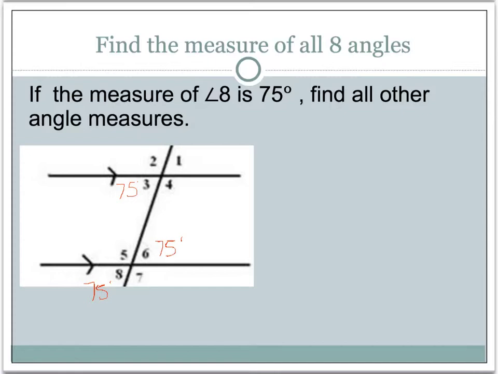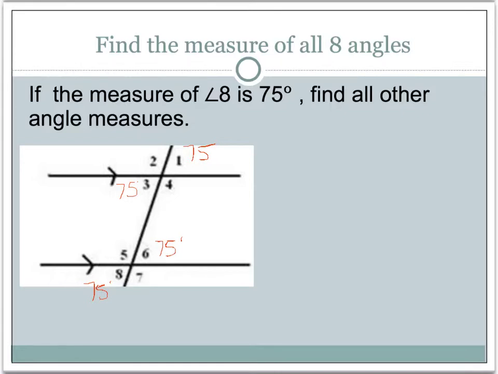Similarly, we'd be able to say that angle 1 was 75 degrees, because of corresponding angles with angle 6, or because of vertical angles with angle 3. So we already have 4 of the 8 angles. Now, angle 1 we know is 75 degrees. Let's look at angle 7.